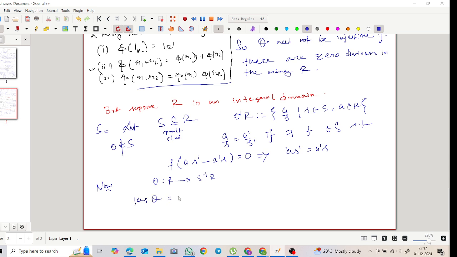Then ker theta is again all those r belonging to R such that there exists s belonging to S such that s r is 0. But an integral domain has no zero divisor, so the only possibility is r equals 0. Understood? So theta is injective if R is an integral domain. Clear?